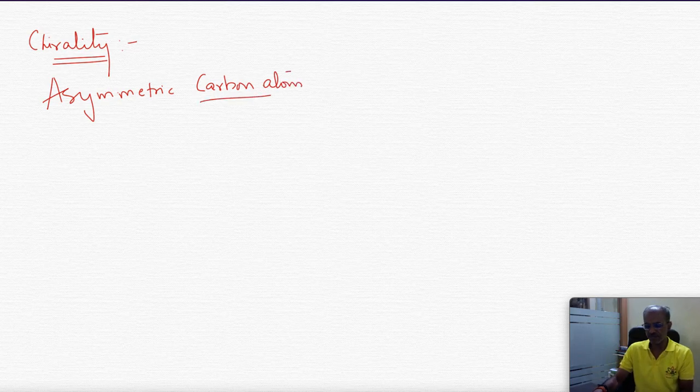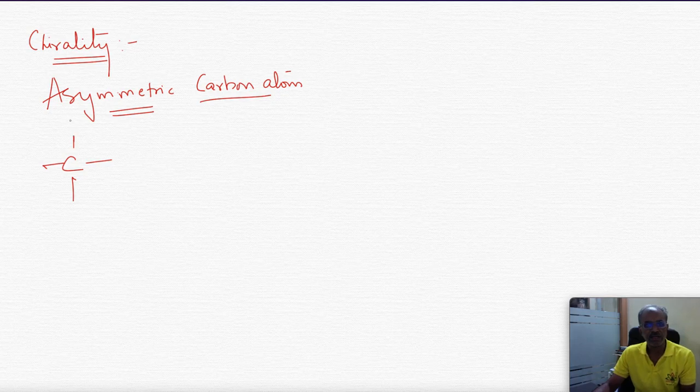Asymmetric carbon atom. As in the previous lectures, we have seen primary, secondary, and tertiary carbon atoms, then alpha and beta carbon atoms. This is one more type of carbon atom, known as the asymmetric carbon atom. Carbon has a valency of 4, so it will be attached to 4 groups or atoms.